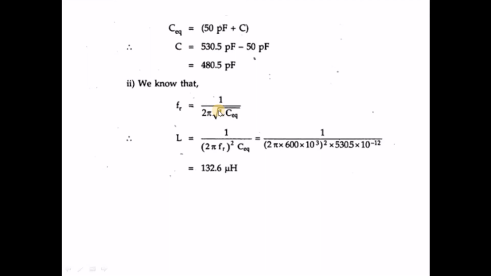If you square both sides and rearrange the equation in order to get the L value, then L is equal to 1 by 2 pi FR whole square into C equivalent. So FR is 600 kilohertz and C equivalent is 530.5 picofarads. After substituting these values, we will get the L value as 132.6 microhenries.